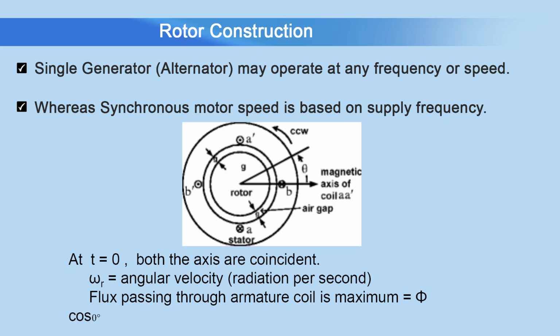Angle theta is 0. Theta is the angle when the rotor is rotating at a speed omega r radian per second. In time t, it is making some angle with the axis of stator. So, in the diagram you can see theta is equal to omega r t. The rotor is rotating in anti-clockwise direction.